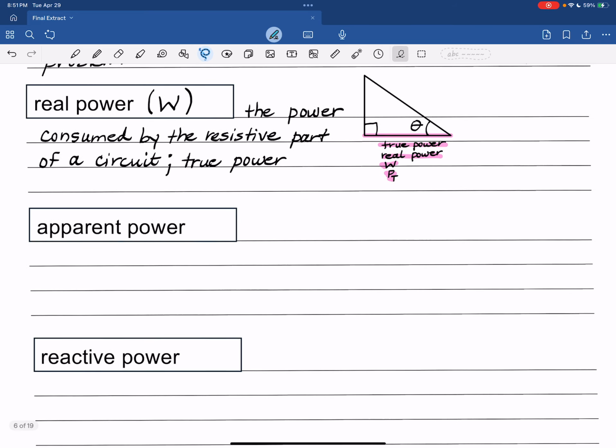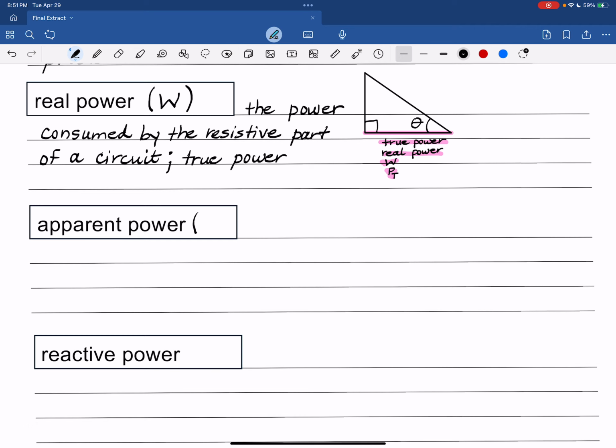So what's apparent power? Your book uses the VA abbreviation for apparent power. It is a combination of reactive power, which we haven't talked about yet, but we're going to, and real power that we just talked about, or true power. I'm going to use true power because that's what your textbook uses.